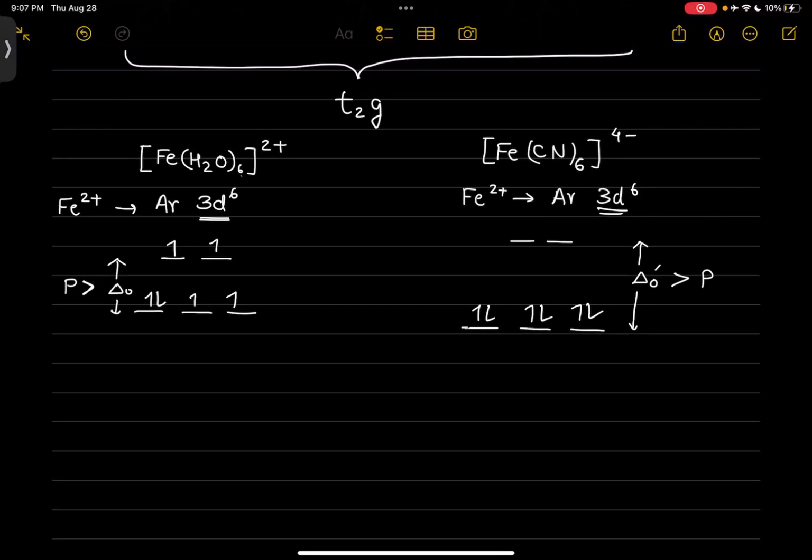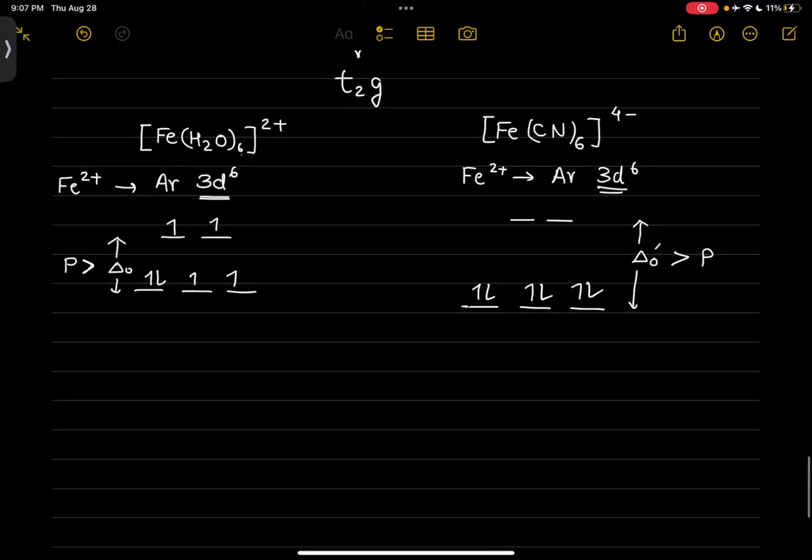In the left case, the aqua ligands are weak field ligands. They are not able to cause more repulsion. They are not able to cause a large gap between the d orbitals. If the gap is small, it doesn't matter, so let the electrons remain unpaired.